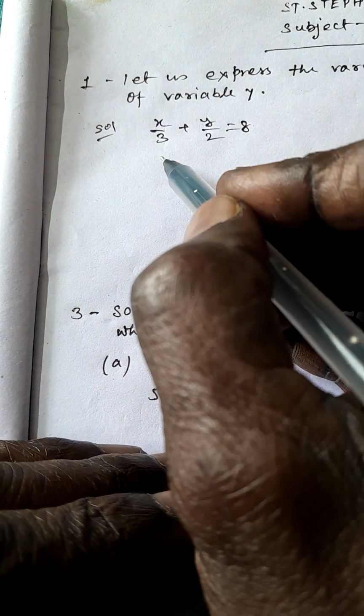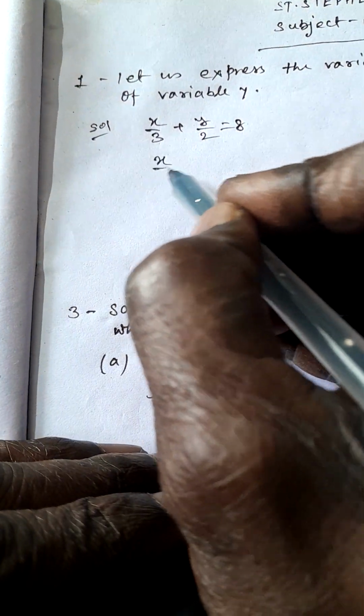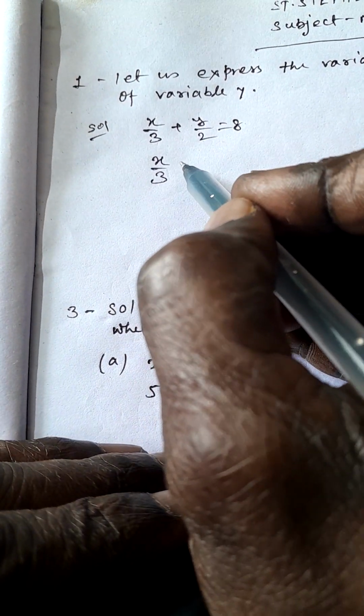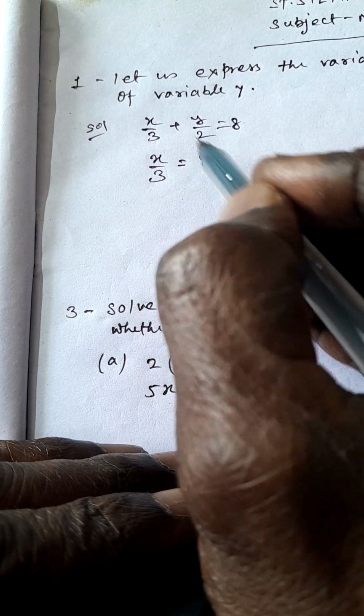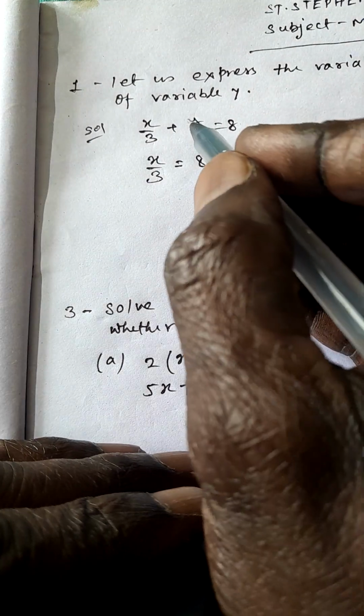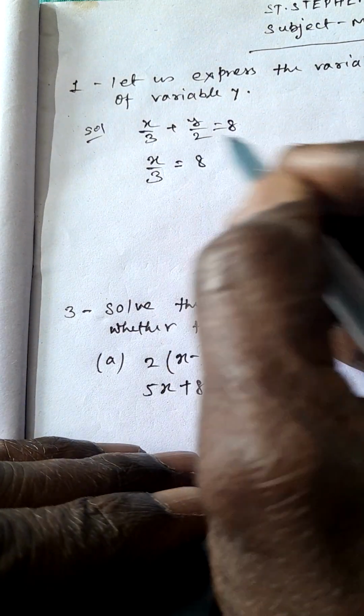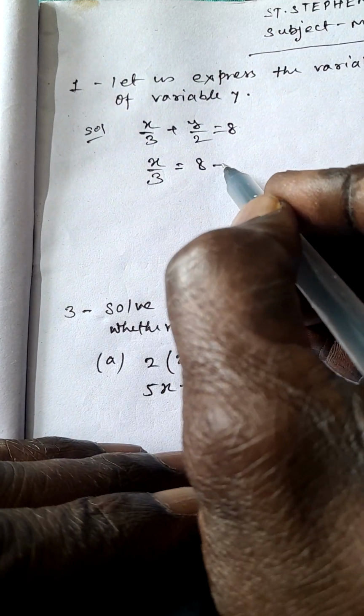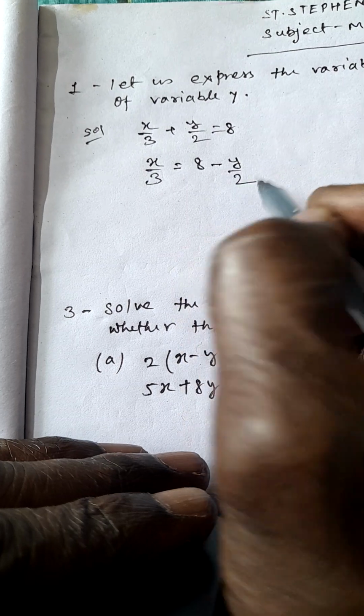So x upon 3 stays here, and 8 is here. Keep y upon 2 on the right hand side, so the plus sign will be converted into minus, so this will be minus y upon 2.